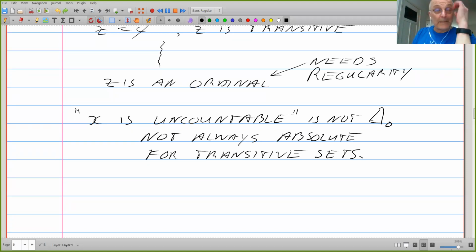So what may happen is that if you relativize the statement X is uncountable, you find that it is true in M. You relativize it, you find a true statement, and then you look at it again, but outside of M, and you find that it's completely false because X happened to be countable.